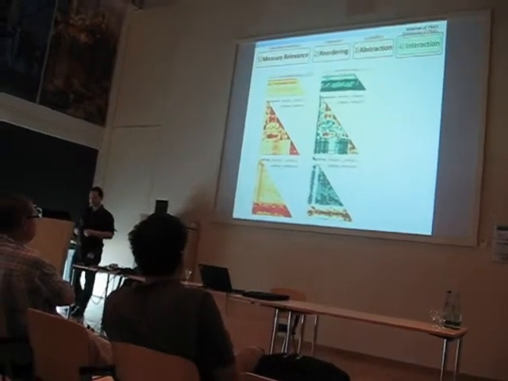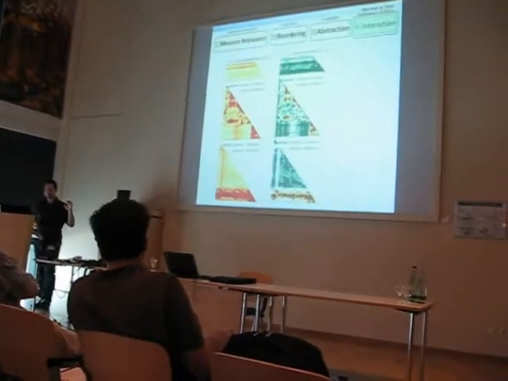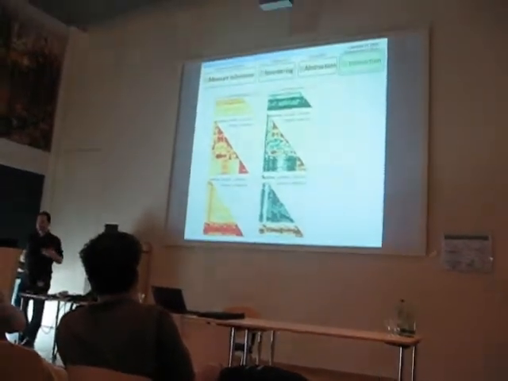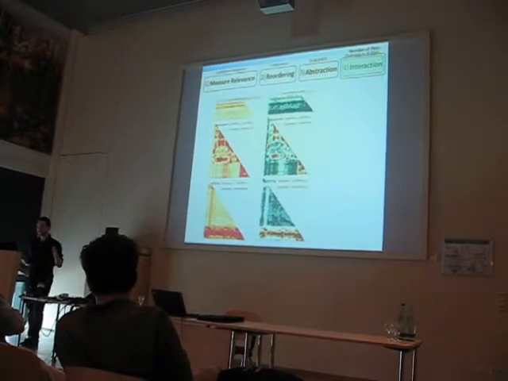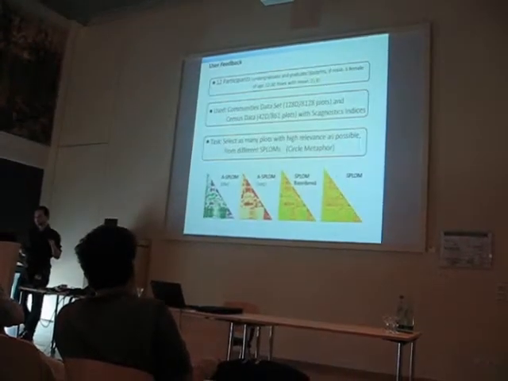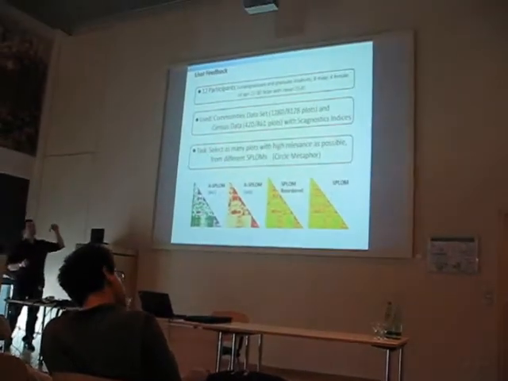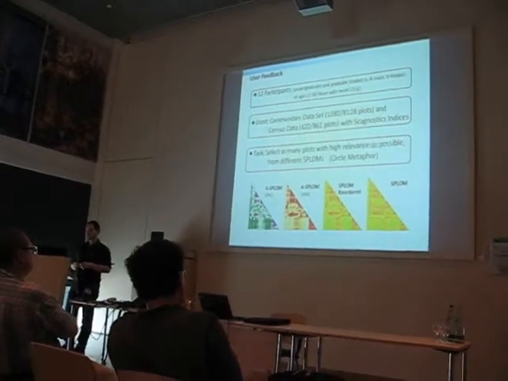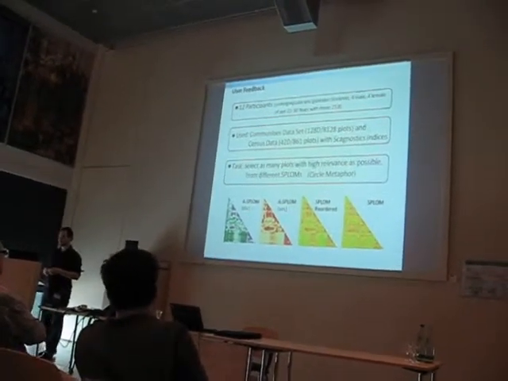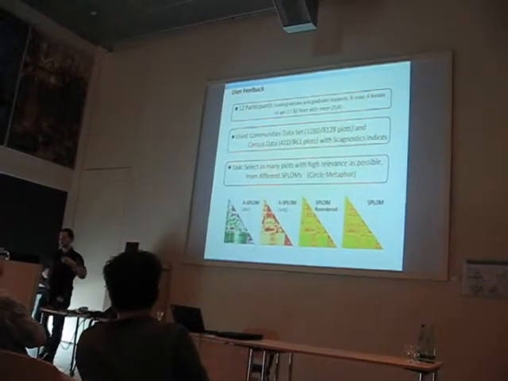So, in order to figure out whether this approach is really usable or has good visibility or not, we got some user feedback. We asked a very low number, 12 participants of the age 22 to 30 years, to select as many plots as possible with high relevance.